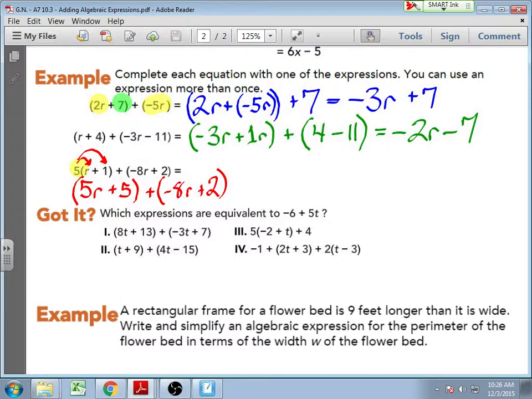Olivia, what'd you do next? I grouped the 5r and the negative 8r. And you could either write plus a negative or just write it as subtraction. And then, Leah, what's the other grouping that I have here?